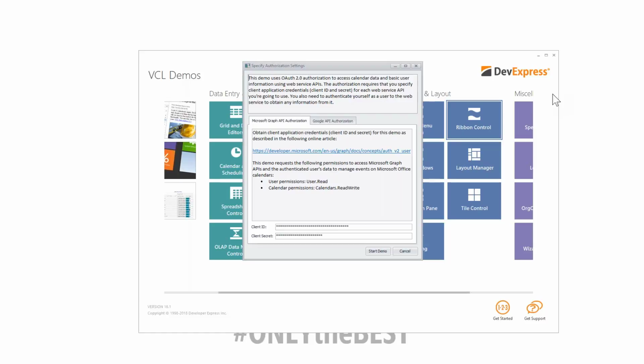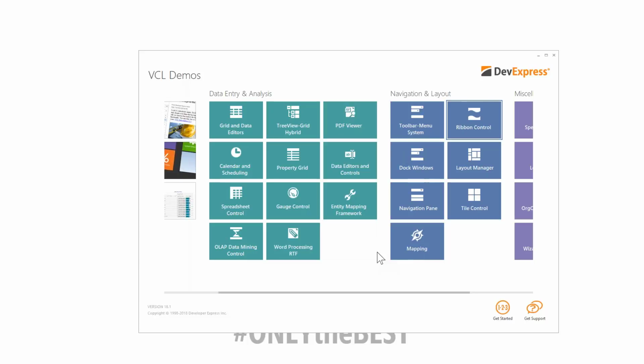And in essence, accessing such calendar data requires you obtain OAuth 2.0 credentials for your application, and you specify them by the new authorization components that we've also introduced in this release, so you don't have to worry about that either. So we have the super secret client ID and client secret here, asterisked out. I'm going to start the demo.